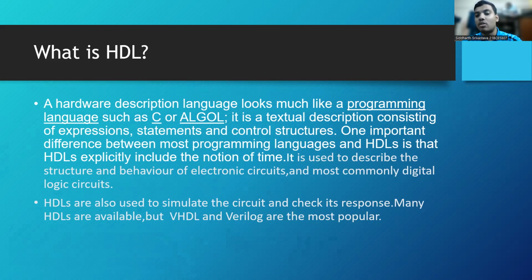HDLs are also used to describe the structure and behavior of electronic circuits, most commonly digital logic circuits. HDLs are also used to simulate the circuit and check its response. Many HDLs are available nowadays, but the most commonly used are VHDL and Verilog.